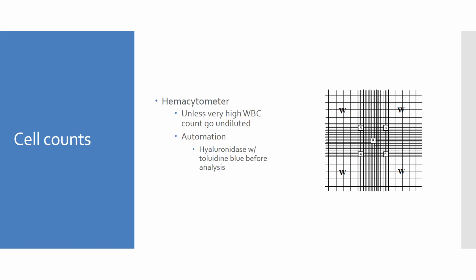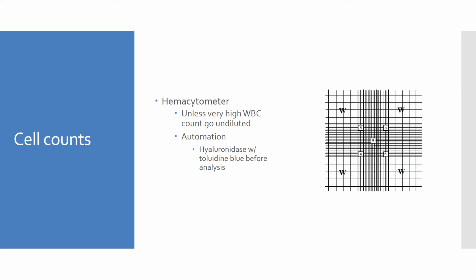The only time you have to worry about dilution is when you look at it the first time under the hemocytometer and you're like, oh my gosh, there's so many white cells. Then you start diluting it. Remember, you need to see them in a single layer in order for you to count them. Okay, so if you don't have a single layer, then you can't. You have to start over and dilute the specimen.